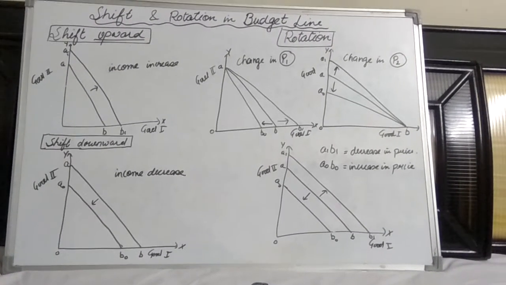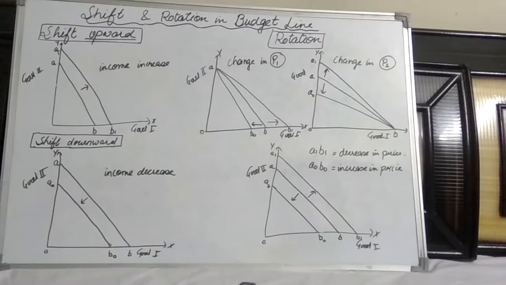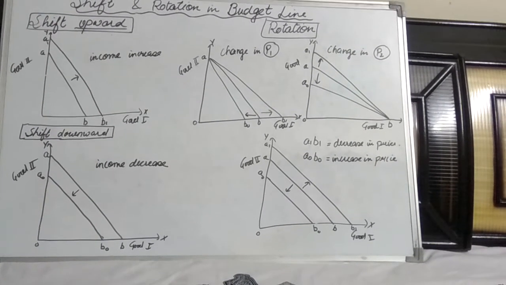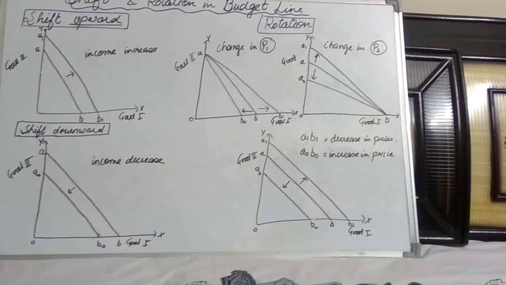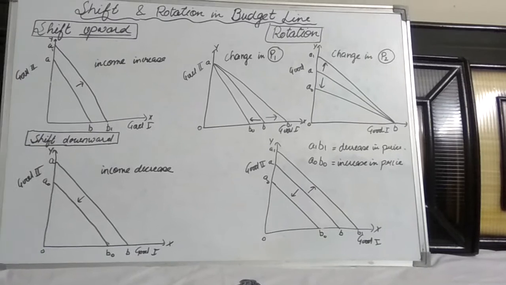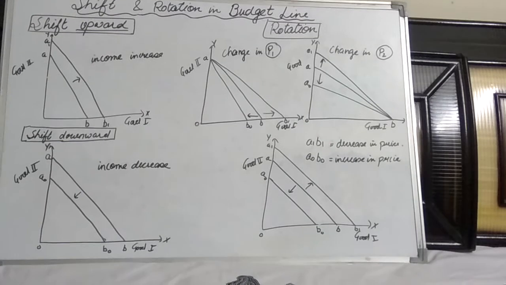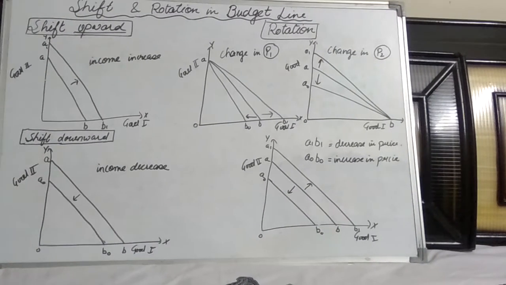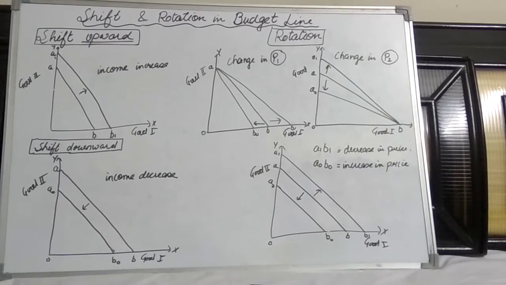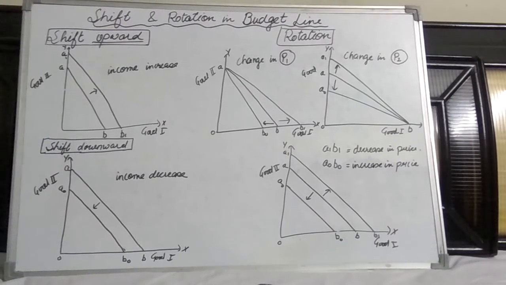Another case is rotation. Rotation means change in only one point on the axis. The very first case is change in price of good 1. In this case we have drawn the AB budget line, and only the B point rotates, from B to B1 when there is a decrease in the price of good 1, and to B0 when there is an increase in the price of good 1.